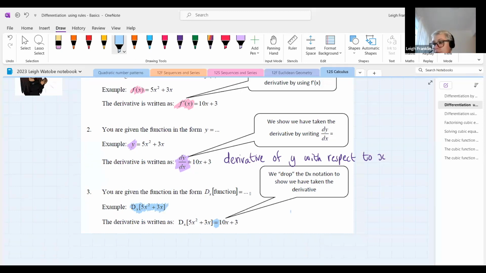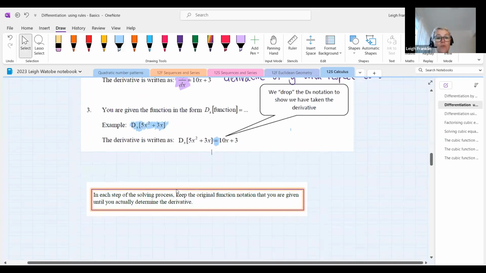Okay, so for f of x, when we take the derivative, we write f prime x. If we are given a function in the form y equals, we write the derivative as dy over dx. And if they give us our function statement as D subscript x and then in square brackets, when we take the derivative, we drop the D x, we drop the square brackets, and we write an equal sign.